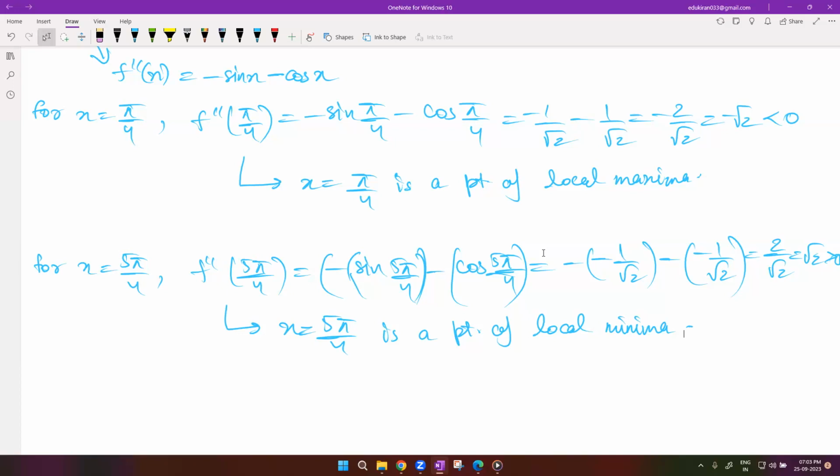And as soon as we understand this approach, the second derivative test, we are good to go with any question now. There is no question which is not possible after this.